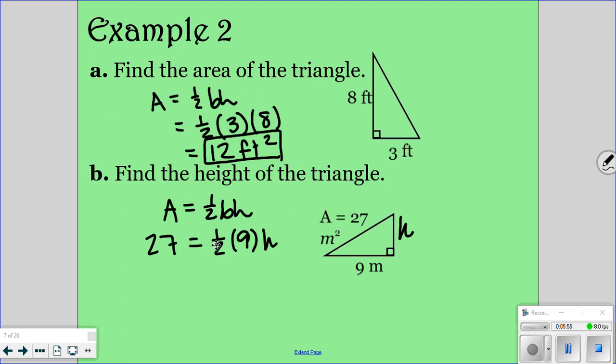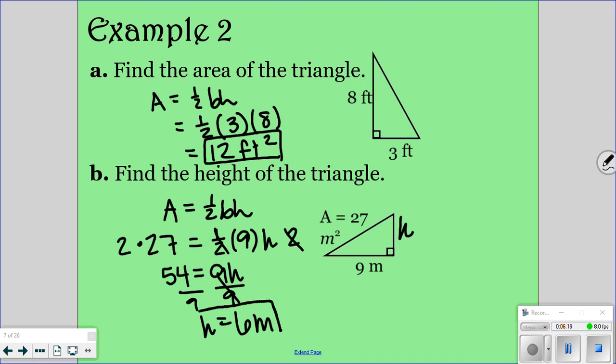So if I multiply by 2 on both sides to get rid of the 1/2, 2 times 27 is 54, and so that equals 9h. And then if I divide by 9, my height would be 6. And the units on that one would be meters, because it's just your height. Okay?